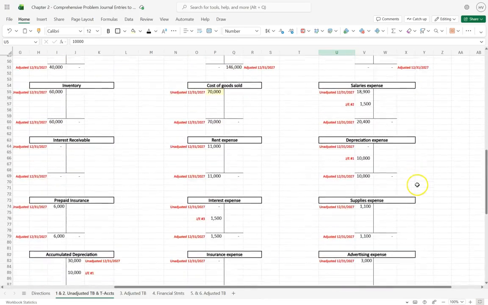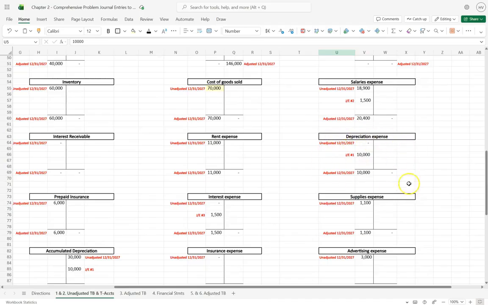I'm going to find my depreciation expense right here, which I'm circling with my mouse. From my unadjusted trial balance, we did not have any depreciation expense, which makes sense because we're only booking it at the year end. And here's my journal entry number 1 that I labeled, and it's a debit for $10,000. It goes on the debit side, on the left side.